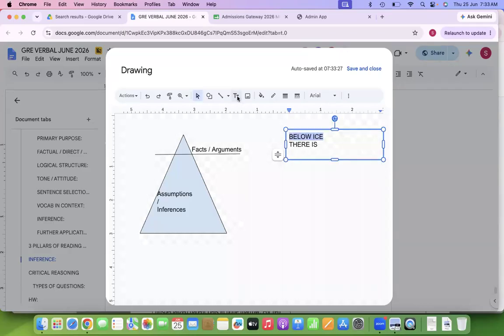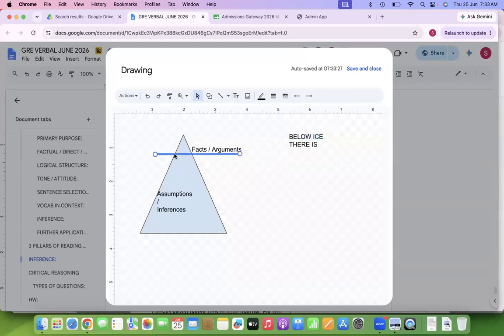The water is removed. If I remove this water, what am I going to find below the water? The inferences. No. I'm not sure. Put it in the context of the iceberg. If I remove the water, right now I can see only the tip of the iceberg. But if I remove the water below this tip of the iceberg, below this ice, what am I going to find?